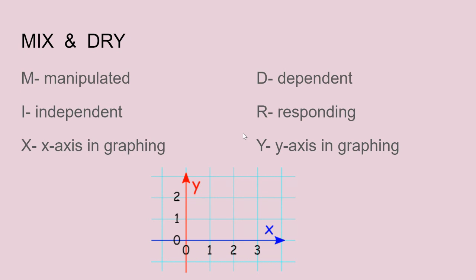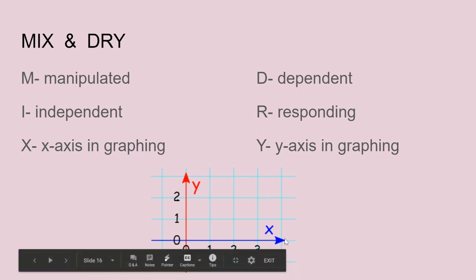DRY stands for dependent or responding variable, the thing that you're measuring, and that goes on the y-axis. So independent variable goes down here on the x-axis, and dependent variable goes here on the y-axis. So in the plant example, your x-axis might have different areas for the different types of drinks you put on your plant, and the y-axis would measure how tall did the plant grow.